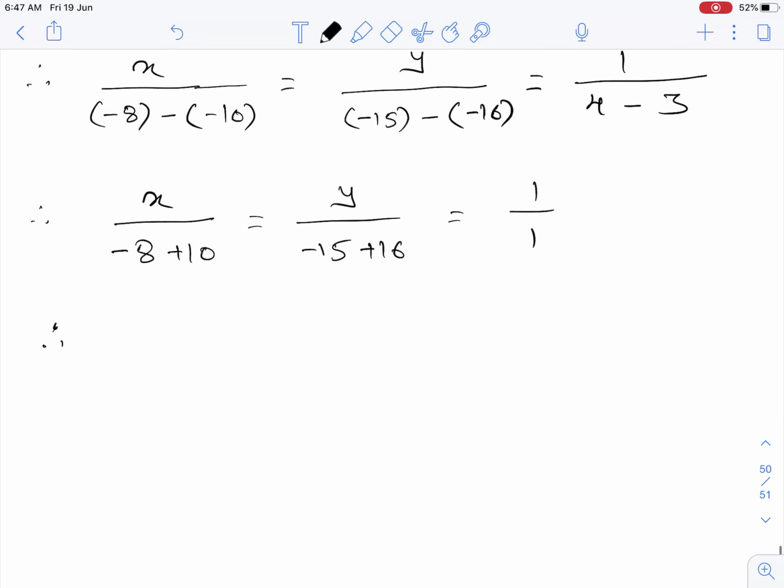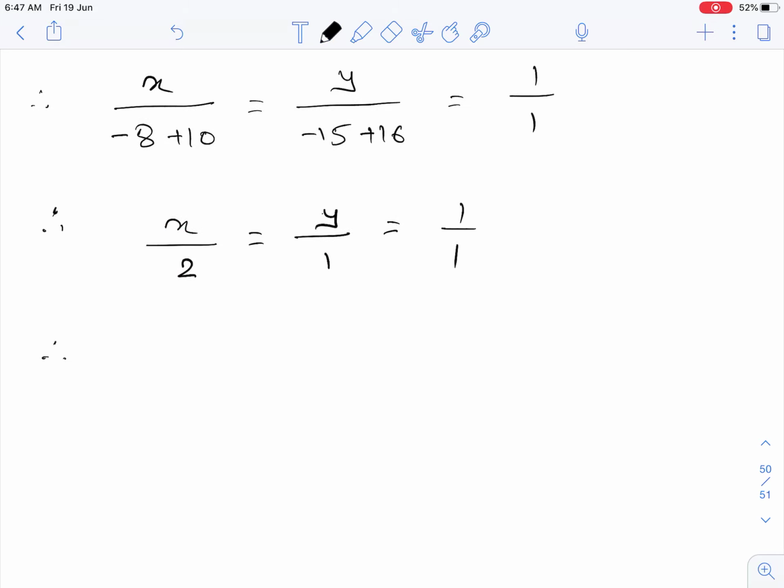Therefore you will get x upon, now these numbers are having opposite signs, so we will do subtraction, 10 minus 8 is 2, and sign of greater number plus, so you will get x upon 2, y upon 16 minus 15, that is 1, equals to 1 upon 1. Now remember that each one of them is equal to each other, so we can write, therefore x upon 2 equals to 1 upon 1, and y upon 1 equals to 1 upon 1.